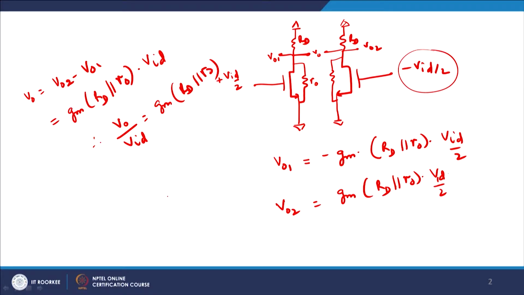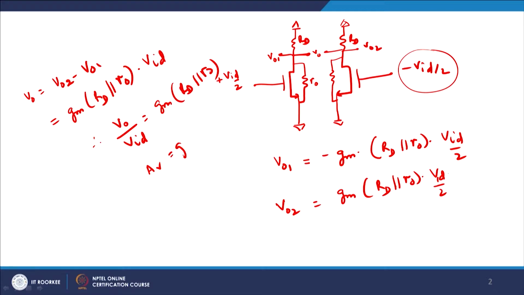Now of course, as you very well know, RO is much larger as compared to RD, and therefore for all practical purposes the gain will be equal to GM times RD. In reality it is GM times RD parallel RO, which is the parallel resistance you see, because we know that RD is much smaller as compared to RO, and we take that into consideration for all practical purposes.